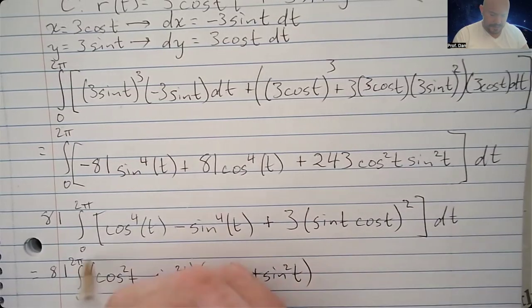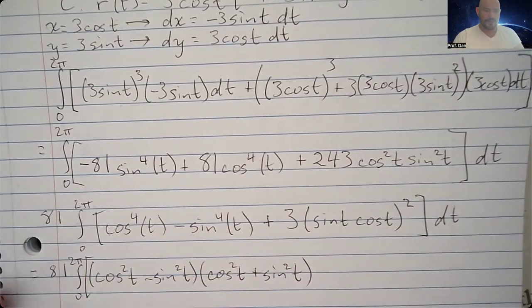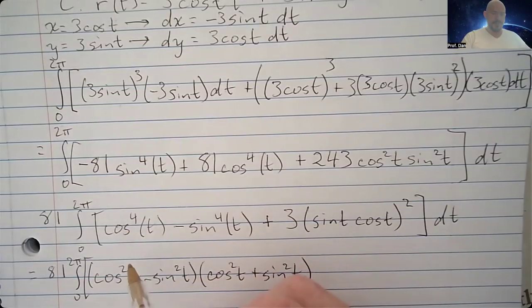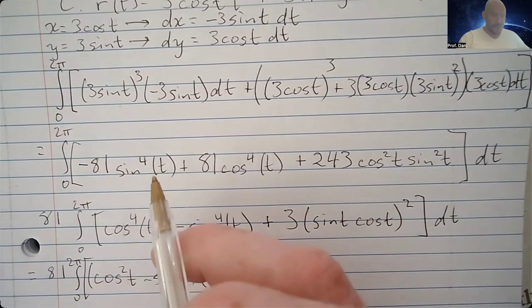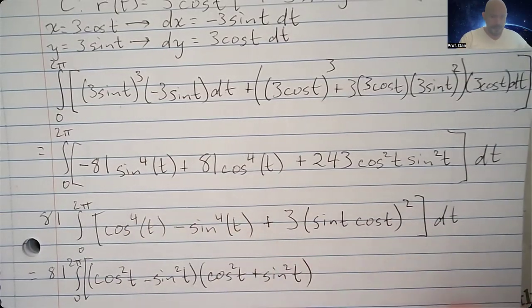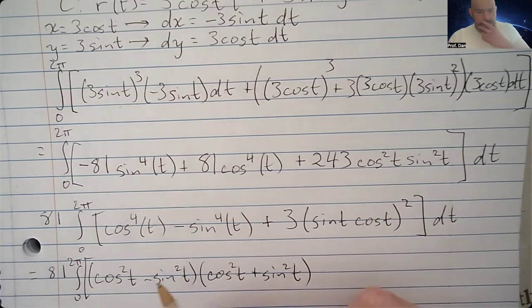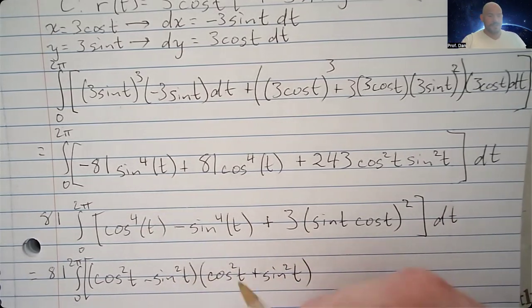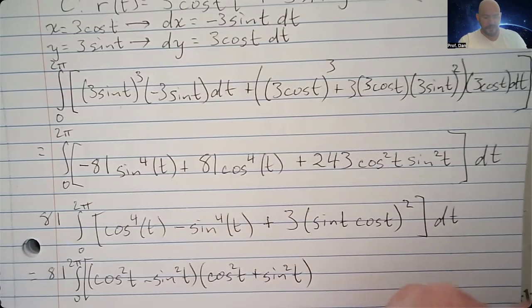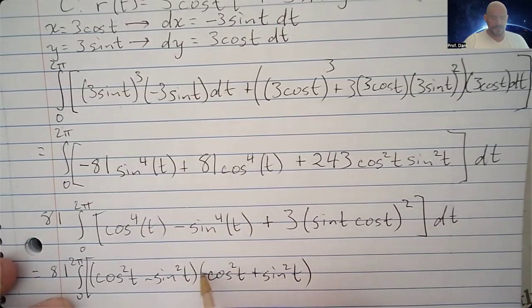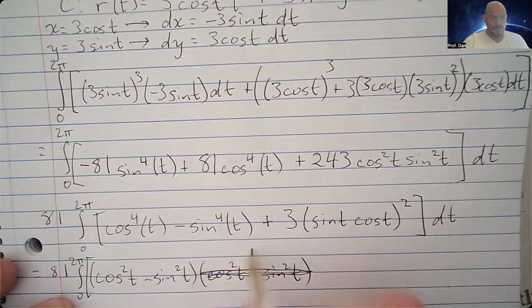That's our difference of squares. Because remember, cosine of the fourth would just be cosine squared squared, and the same with sine of the fourth, be sine squared squared. So we can factor that using difference of squares, which is also convenient because we know that this is equal to 1.